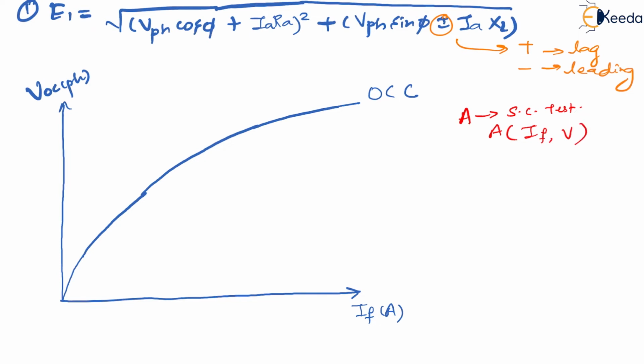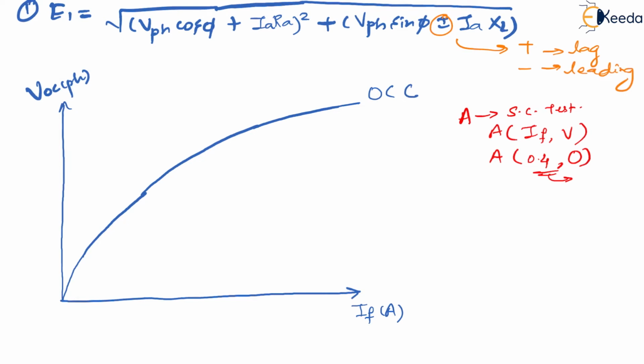It is a short circuit test, and in the short circuit test you know voltage is 0. So let us put voltage equal to 0, and your rated current flows. That is what we have the short circuit test for. Whenever rated current flows, at that time how much is the field current? For example, if we consider it to be 0.4 amperes, this is when my armature current, my line current IL, is going to be rated.